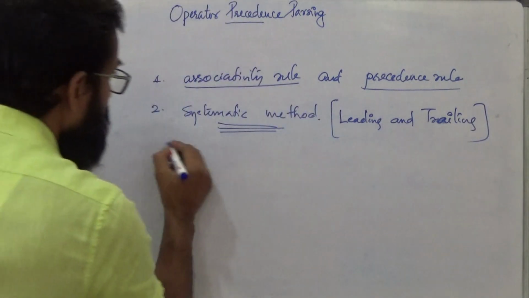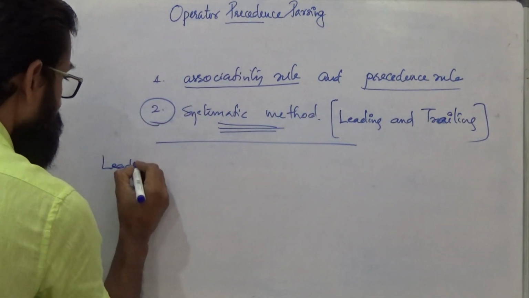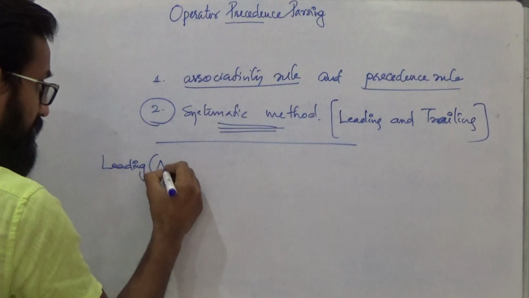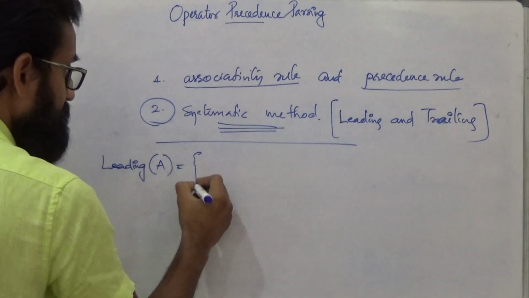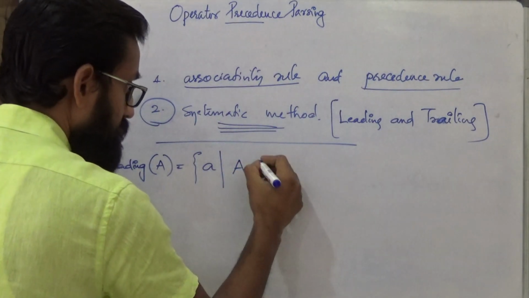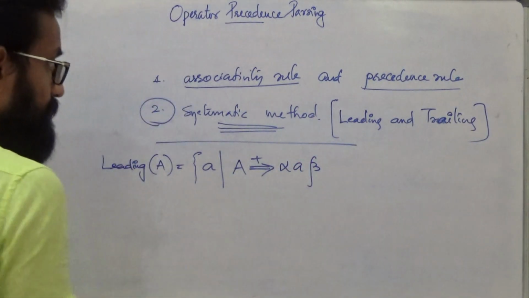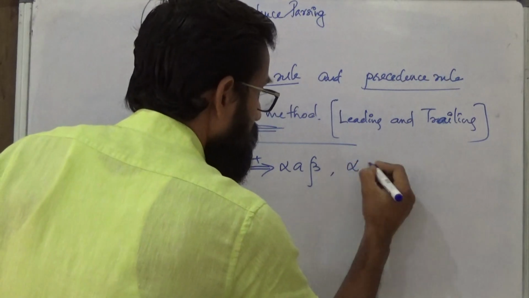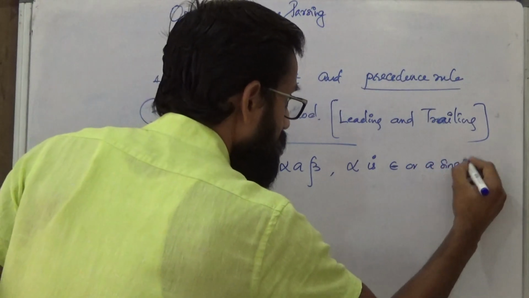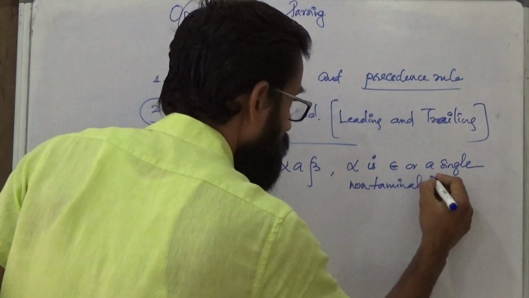So how will you define it? We are trying to follow the second method. What do you mean by leading? Leading of a variable A is defined as the set of terminals such that A derives alpha a beta, where alpha is epsilon or a single non-terminal.